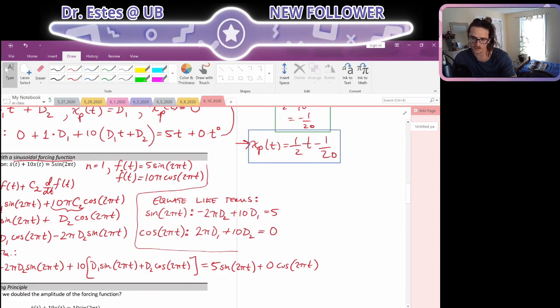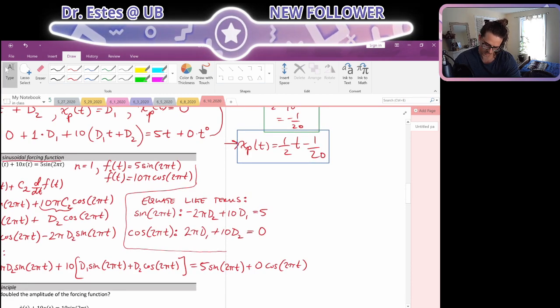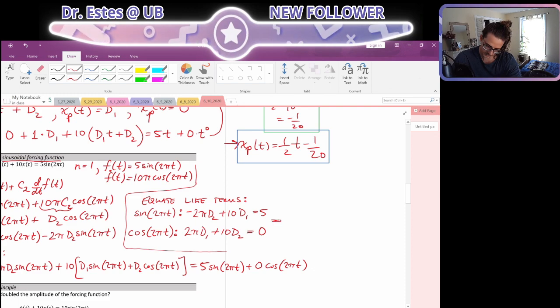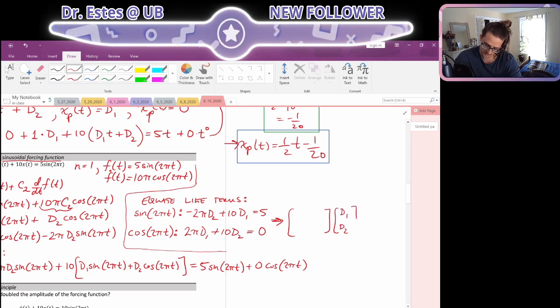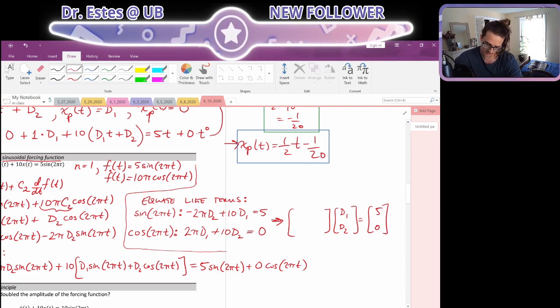All right, so we've got to solve for d1 and d2. And we could do this by hand, but why don't we take advantage of practicing more MATLAB? So what I'm going to do is transform this into a matrix equation where we can solve for d1 and d2. The first equation will be on top, the second equation on the bottom. So the top equation, I have 10 times d1 minus 2 pi times d2 equals 5.